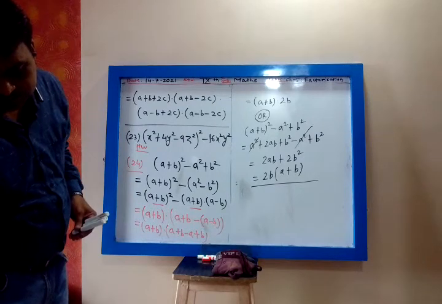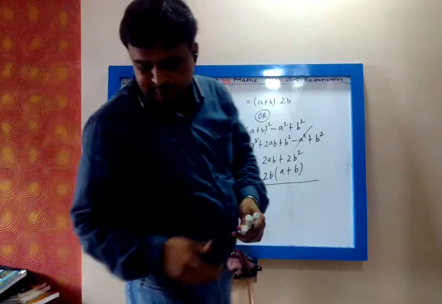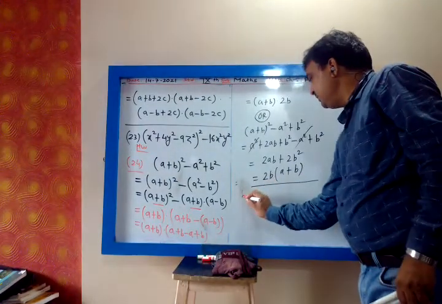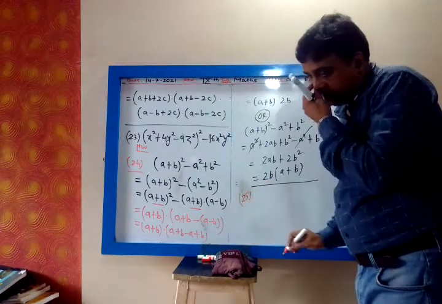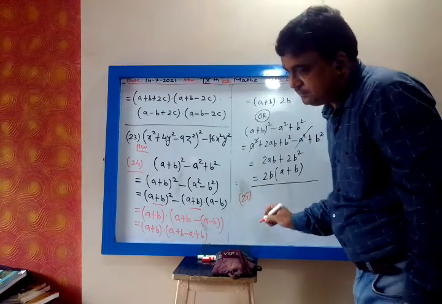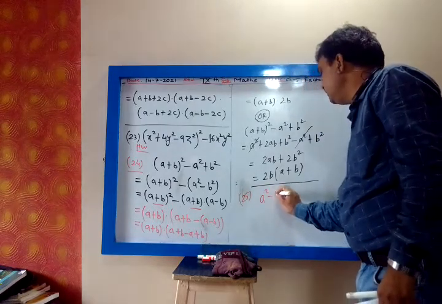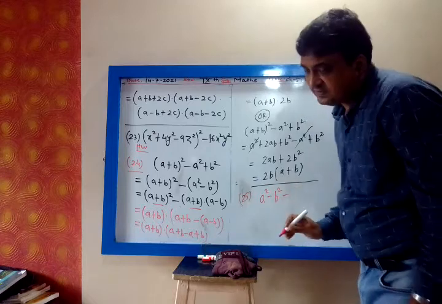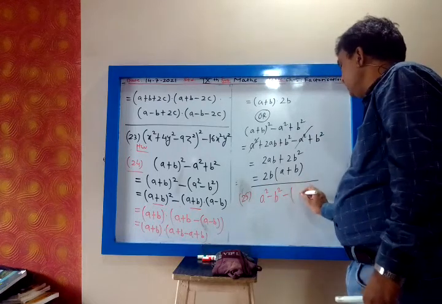Then 25th: a square minus b square, a square minus b square minus (a plus b) whole square.